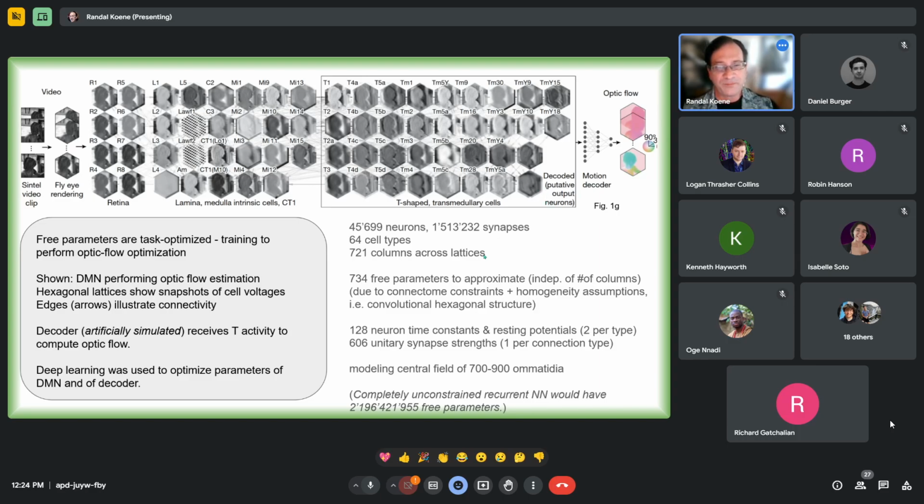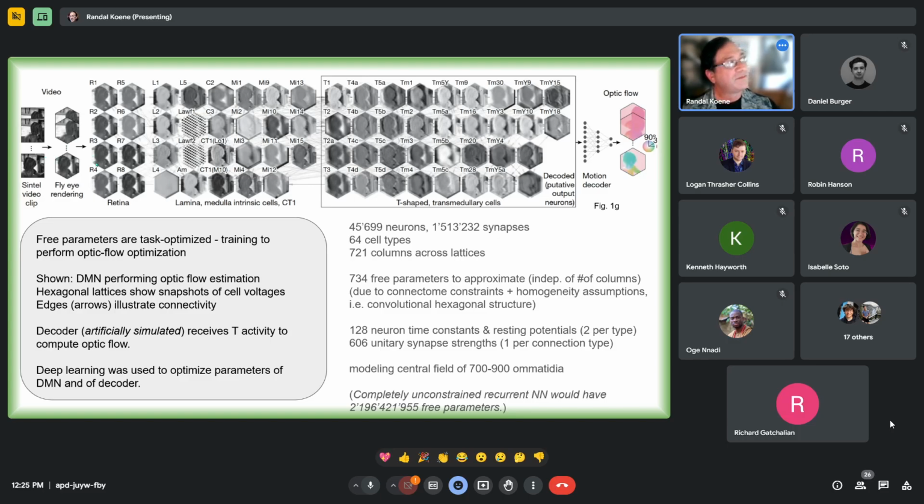The entire model, including the decoder, is optimized end-to-end, and they used video sequences from the Sintel Blender video, which is really a video that was created to demonstrate what Blender can do, animation and things like that, but it's sort of naturalistic, were used as input to the photoreceptors of the model. You can see an example of those clips right here.